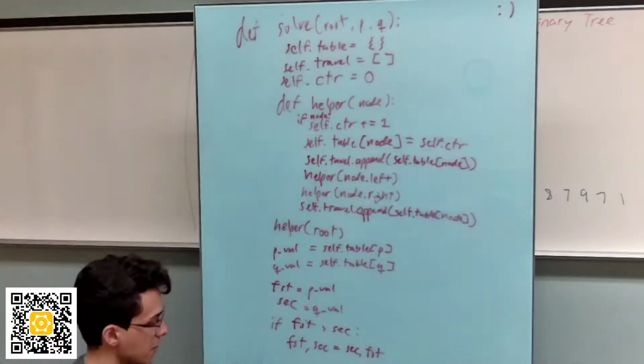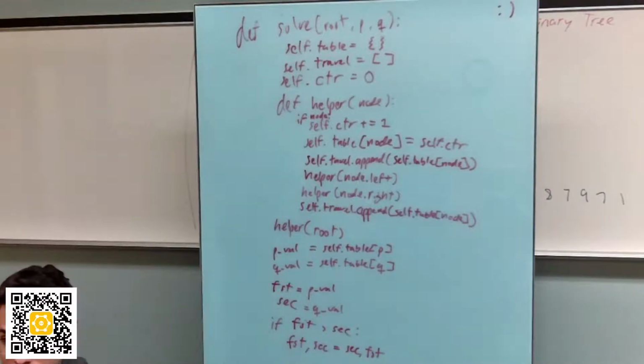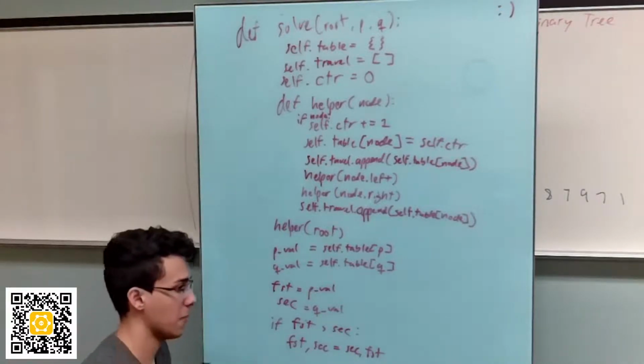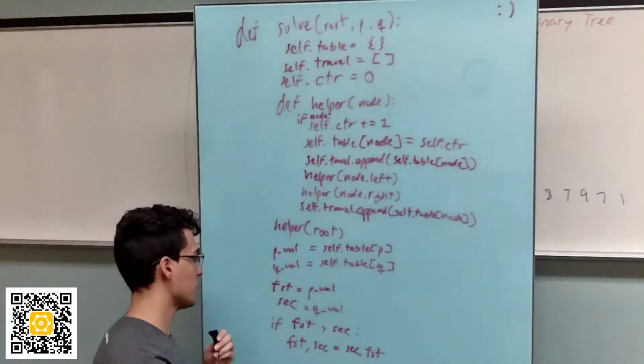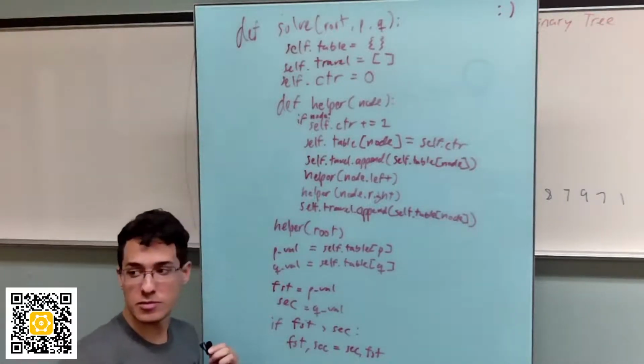All right, that makes sense? Just swap them if it turns out we were wrong about which one came first. Okay. So then, yeah. So what do we do now?